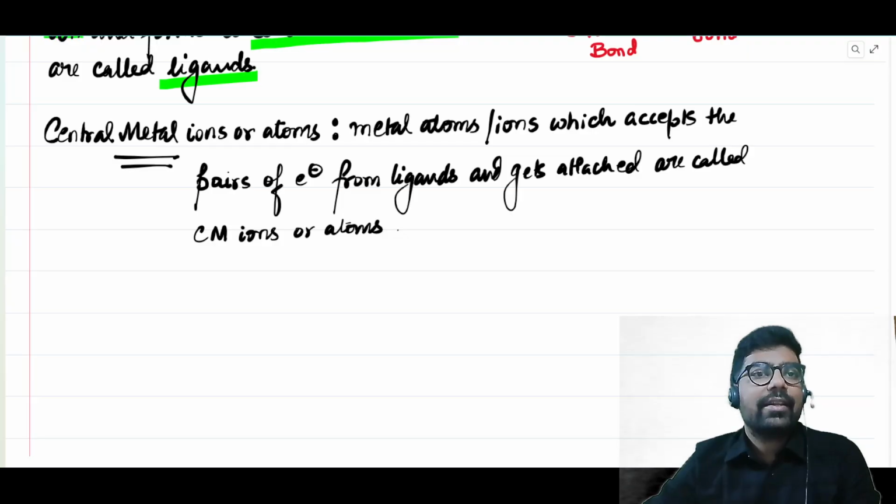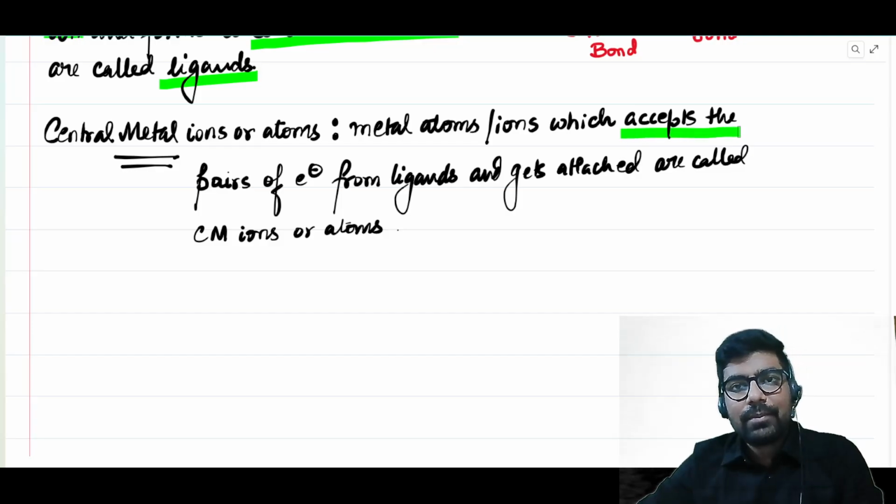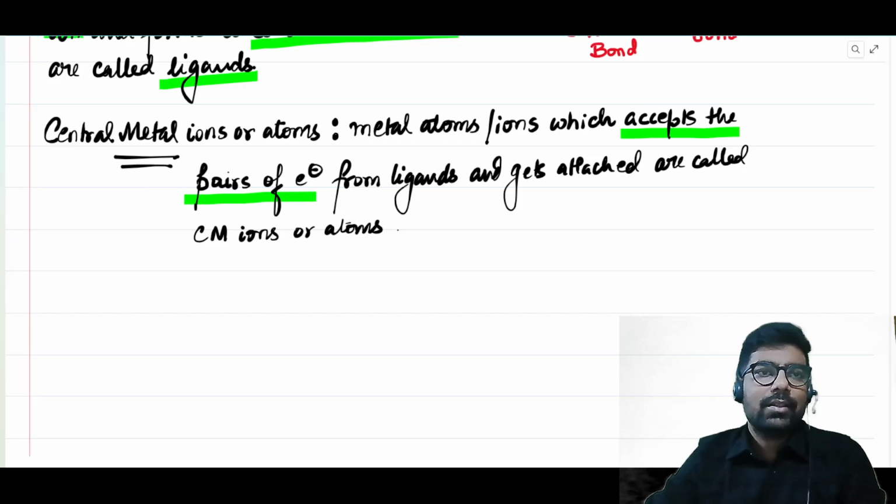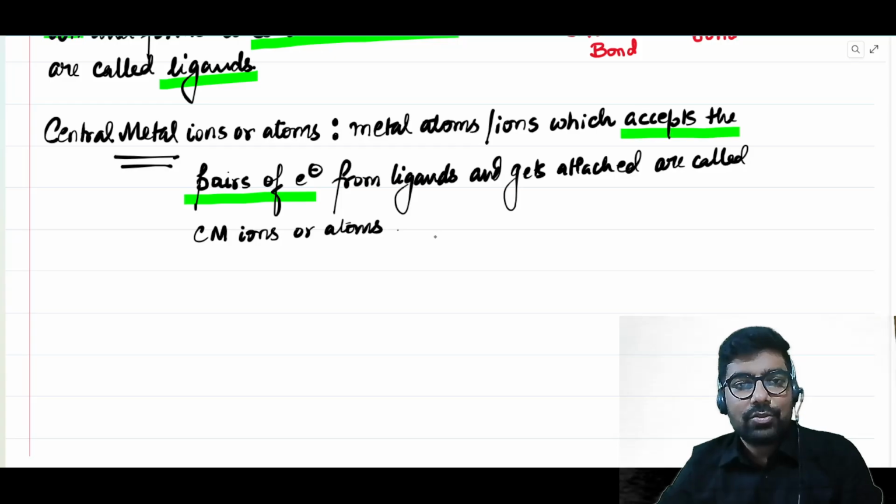So basically, ligands are giving a pair of electrons and the central metal ion are accepting a pair of electrons. They can accept one, more than one. So basically, the central metal atom accepts the electrons and the ligands donate the electrons.